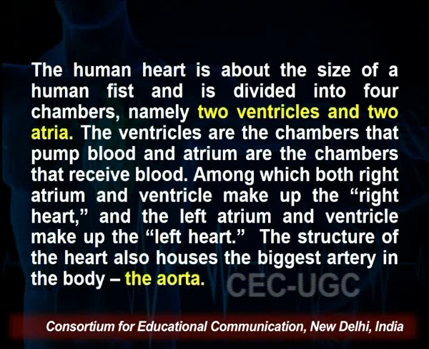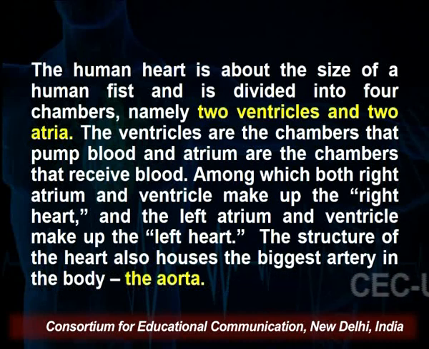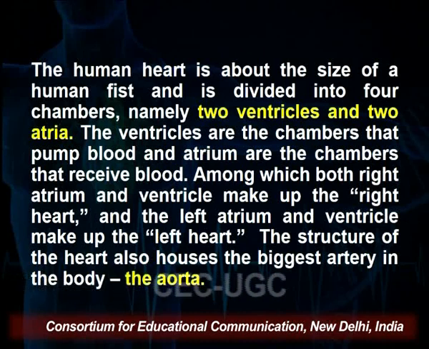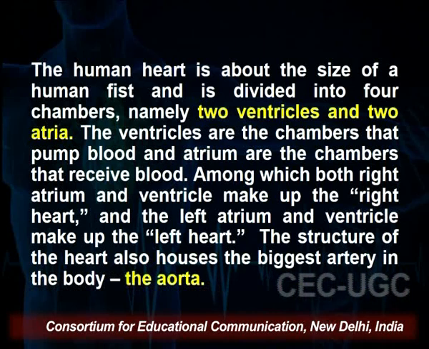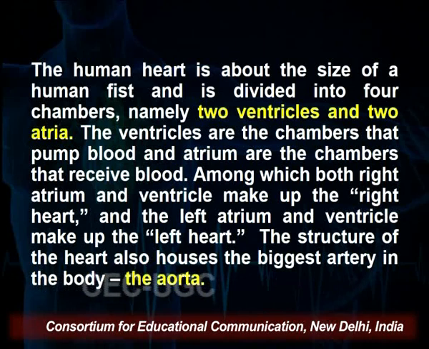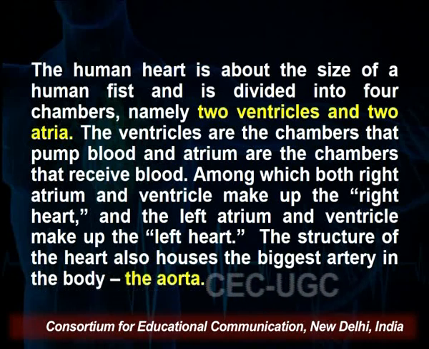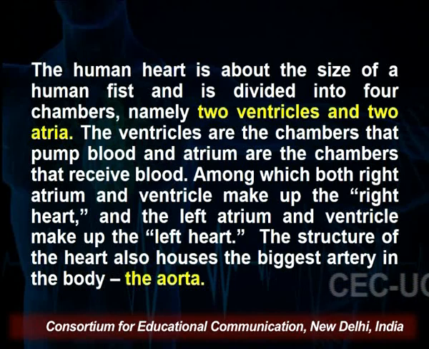The ventricles are the chambers that pump blood and the atria are the chambers that receive blood, among which the right atrium and ventricle make up the right heart, and the left atrium and ventricle make up the left heart. The structure of the heart also houses the biggest artery in the body, that is the aorta.